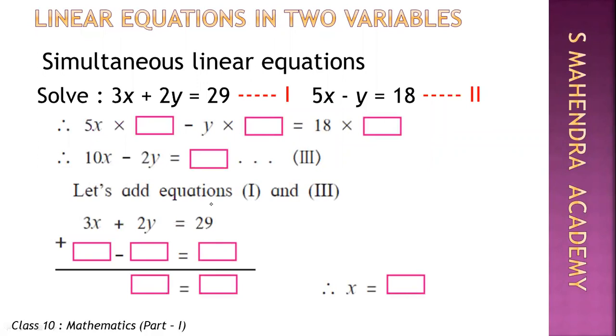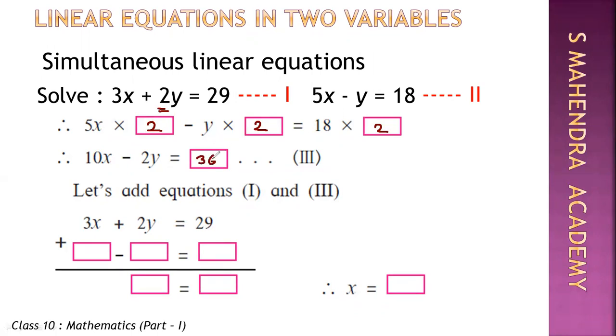So here, we have to multiply equation number 2 with the coefficient of y from equation number 1. So 5x into 2, y into 2 and 18 into 2. So 5x into 2 will be 10x, 2 into y is 2y, and 18 into 2 is 36.